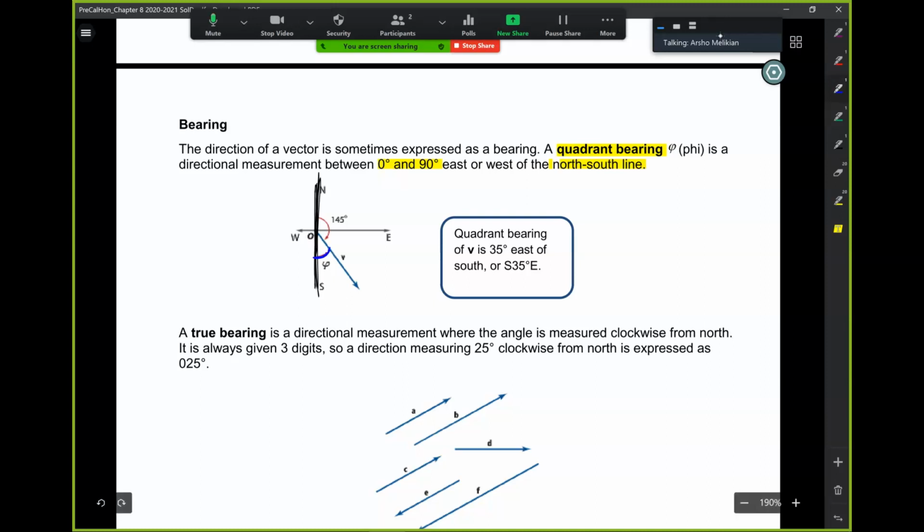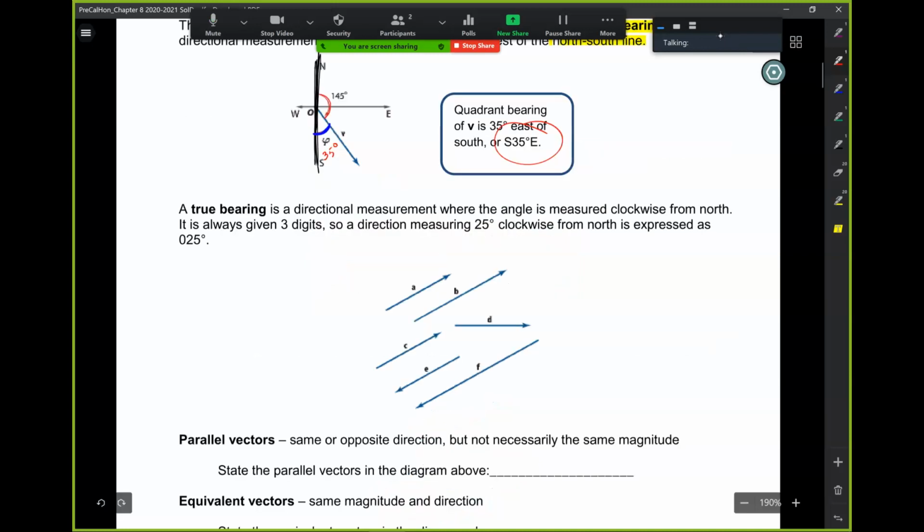This is the angle that they choose. So look, if this is 145 degrees, this is 35 degrees here. So a sailor would say, I'm traveling 35 degrees east of south. That's what they would say, okay? I don't know if you've seen this, but Navy folk use this all the time, okay?